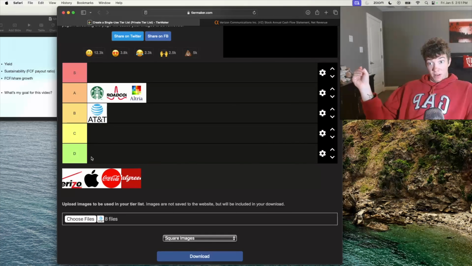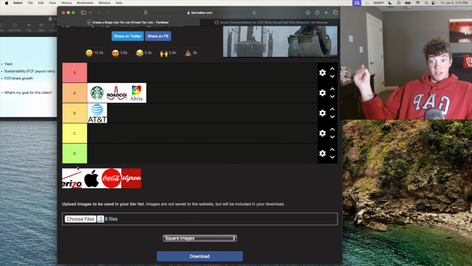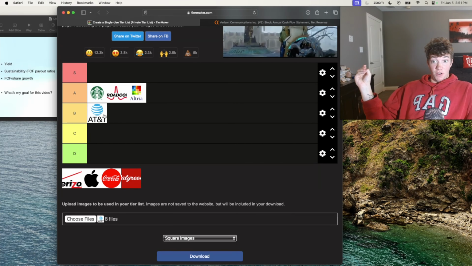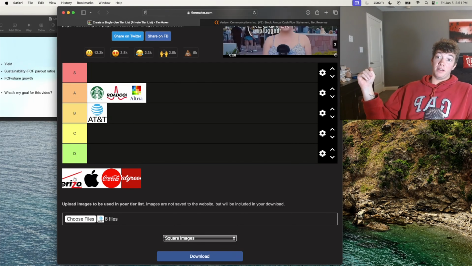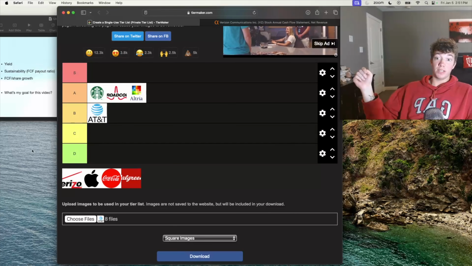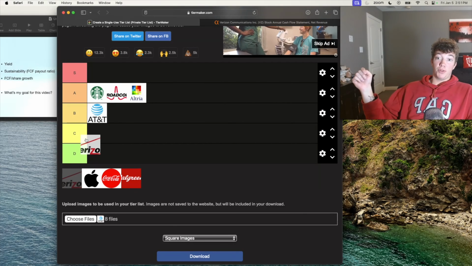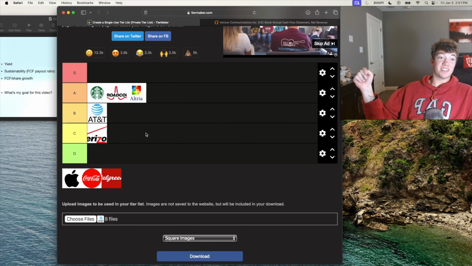I don't know. I unfortunately haven't done enough due diligence on the AT&T versus Verizon argument, but my gut tells me, using these three metrics only, we are going to put that one here in C tier.